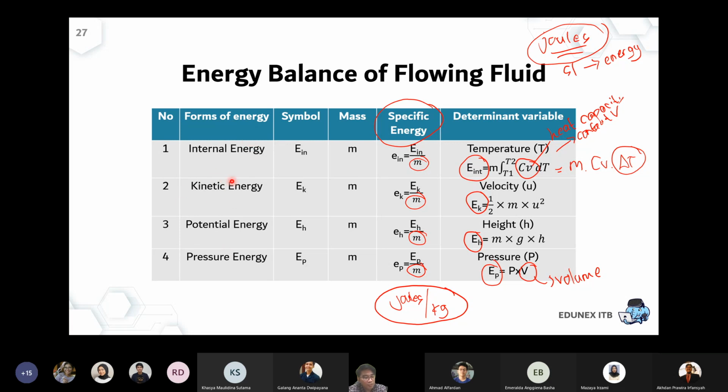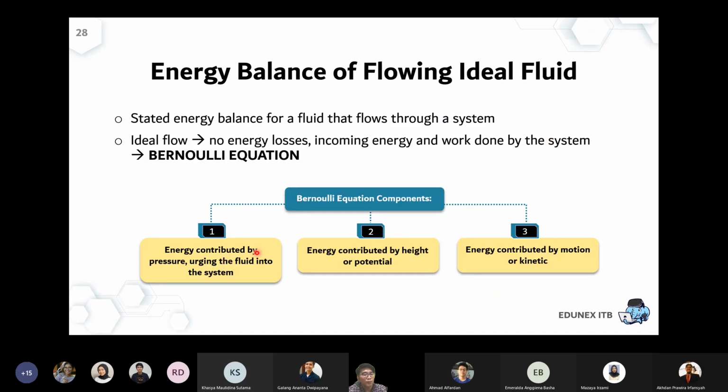However, the three other types of energy can still change during the fluid flow. It means for the Bernoulli equation, the components of energy will only be the pressure energy, potential energy, and kinetic energy.